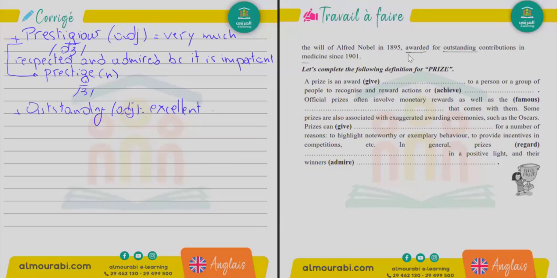Okay, I'm now focusing on the verb award. Now, you award, full structure of the verb, something to somebody. For example, we award the Nobel Prize to famous people, or to award someone something, no prepositions.